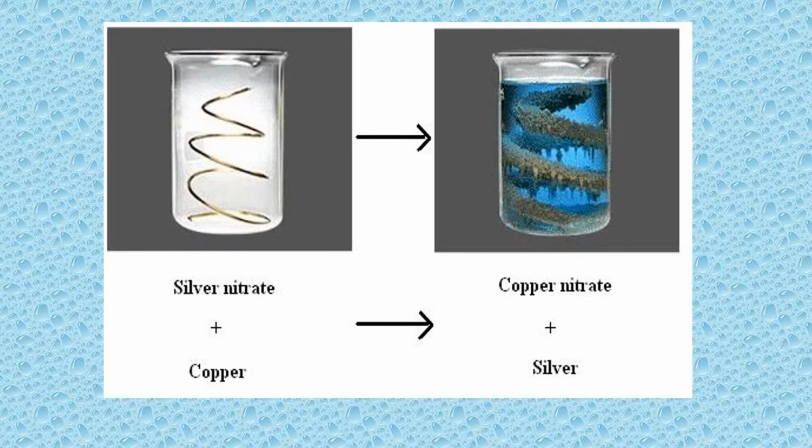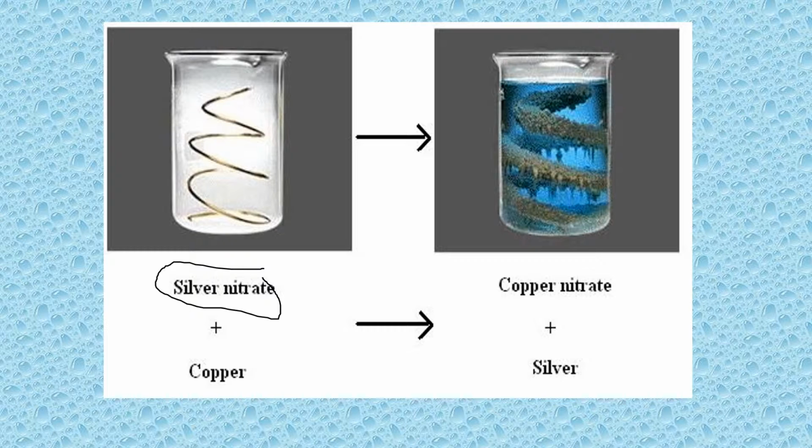There's another picture which will probably help you see the visual change that happens over time. Silver nitrate, remember, is a clear colorless solution, and the copper, not shown so well here, should have been a pink metal. Over time, when you have this copper being introduced into the silver nitrate, a chemical reaction takes place, and you now know that that chemical reaction goes by the name of redox.